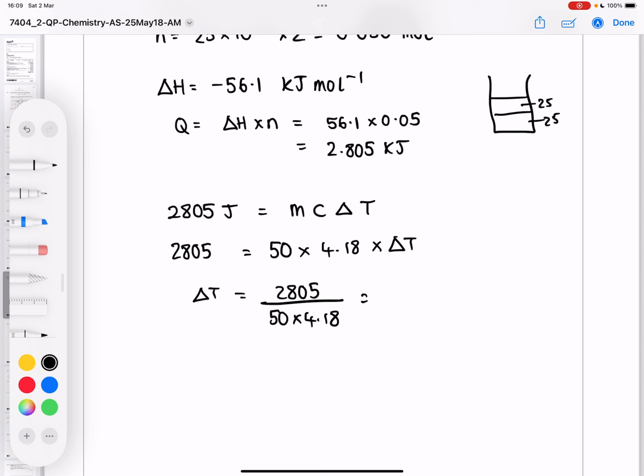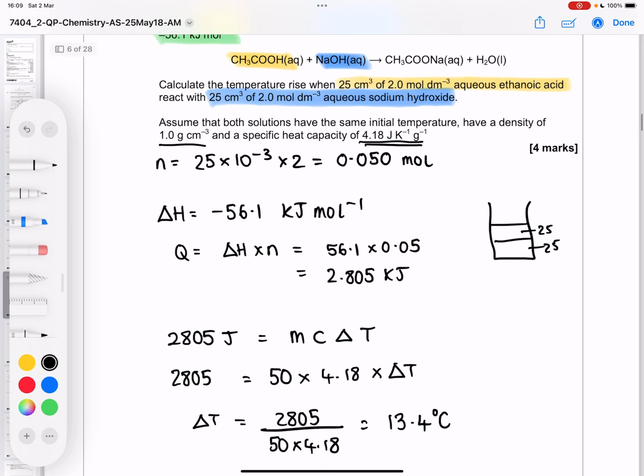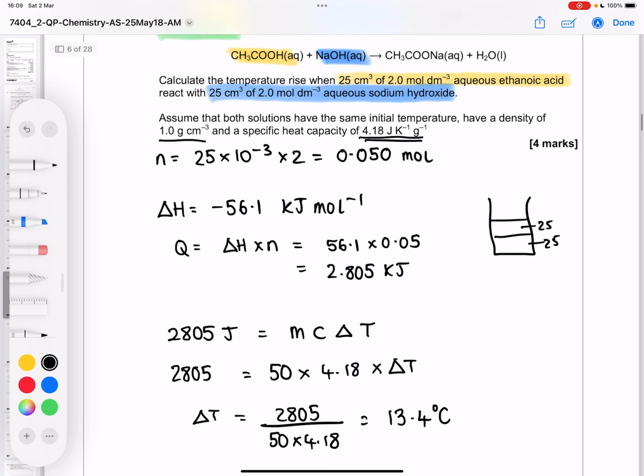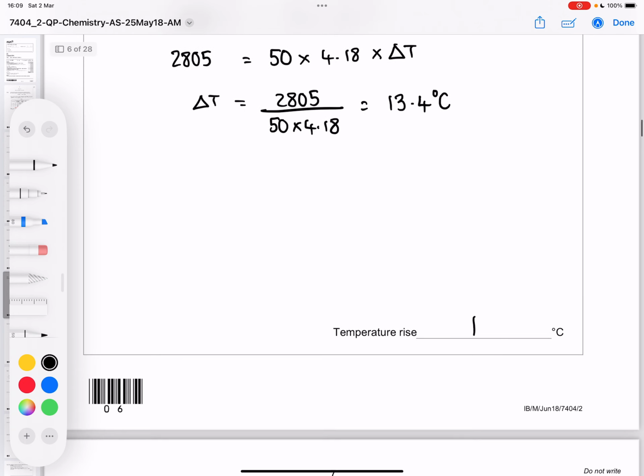And we'll get that the delta T is 13.4 degrees C, or 13.4 Kelvin. And so that was our temperature rise, 13.4 degrees C.